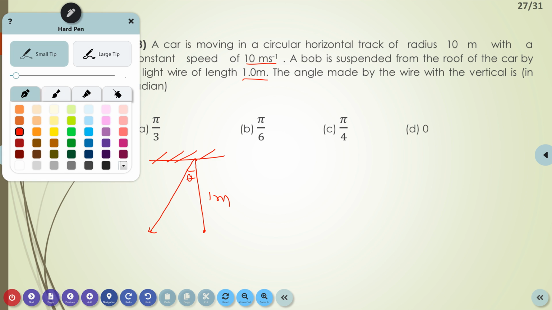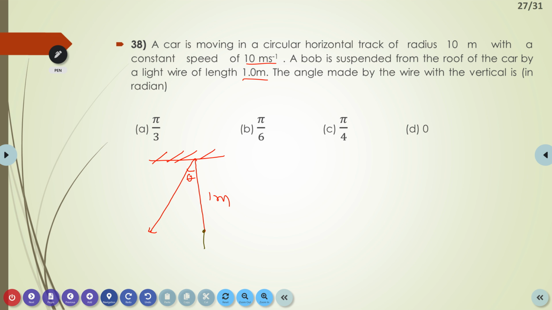Here you see, students, the weight of the bob is acting in this direction. It is mg. Now when the car is taking the turn, the centripetal force is equal to mv square by R. The radius has been given, the track of radius is 10 meter.